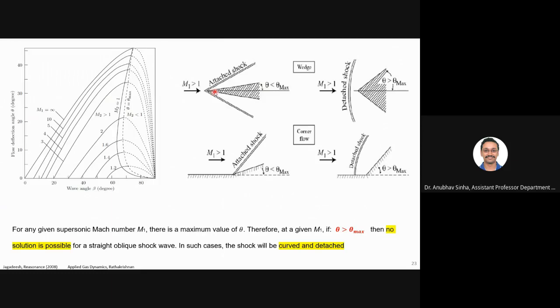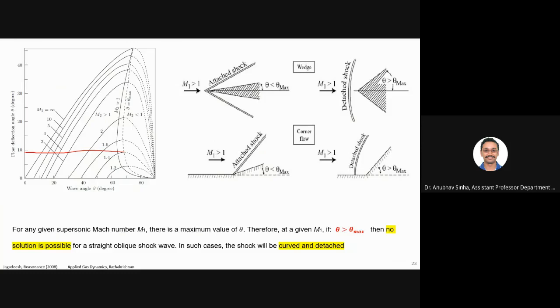And this is not only for this projectile, but also if you have a corner: if that angle is less than theta max, it will be attached; if it is more than theta max, it will be a detached shock wave. So this is the basic criterion, and it also depends on your Mach number. For example, for Mach number 1.4, the maximum theta you can get is around 10.